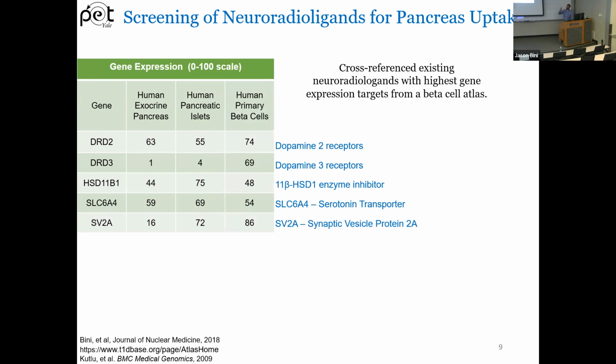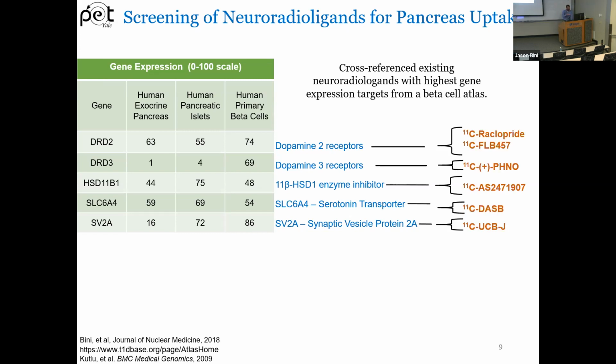So we have 2 different dopamine receptor genes, 2 and 3, 11 beta HSD1, which will end up coming back up in the second half of the talk, serotonin transporter, which is not surprising since serotonin precursor was already shown in humans, and then synaptic vesicle protein A, which is a vesicle protein likely on the vesicles that secrete insulin. And we have these 6 radioligands that were already approved.